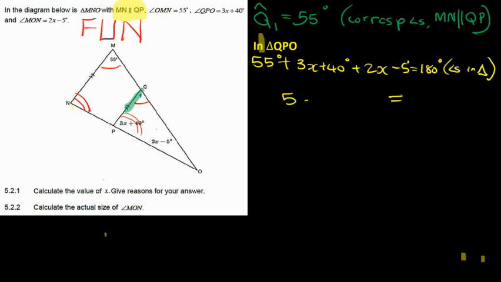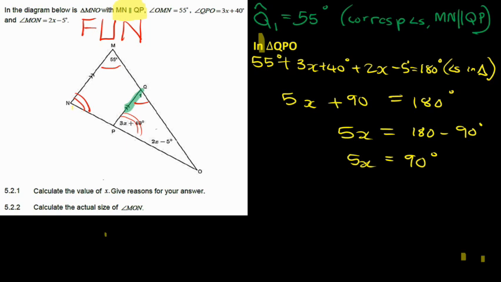We have 5x here, and then 55 plus 40 is 95, minus 5 gives you 90. So 5x plus 90 is equal to 180 degrees. So you have 5x equal to 180 minus 90, then 5x equal to 90, and then divide by 5 on both sides. Therefore, x is equal to 18. There we go.